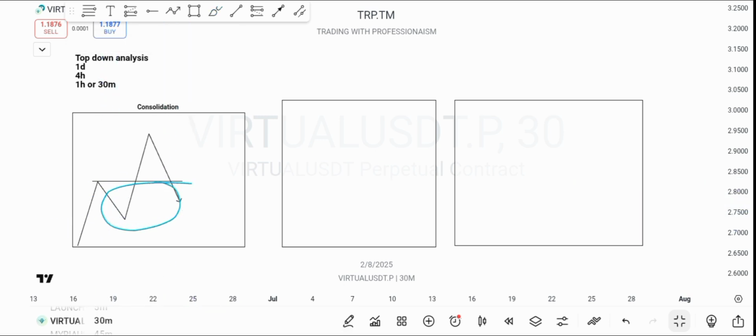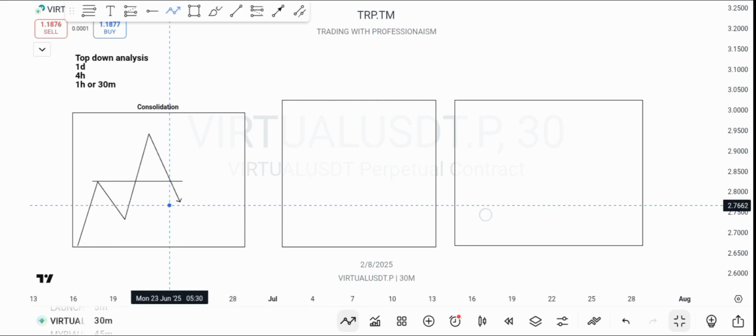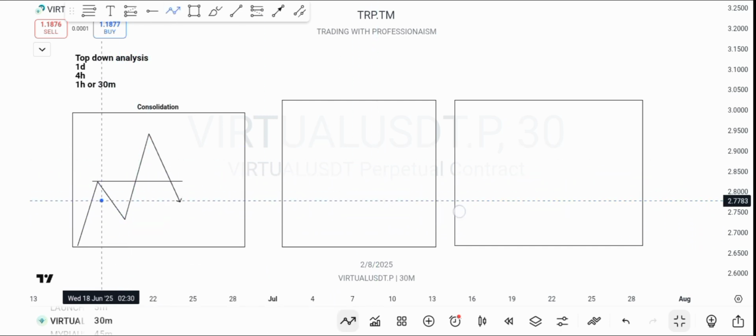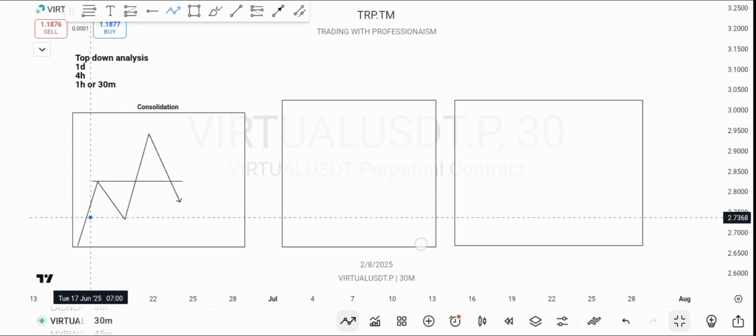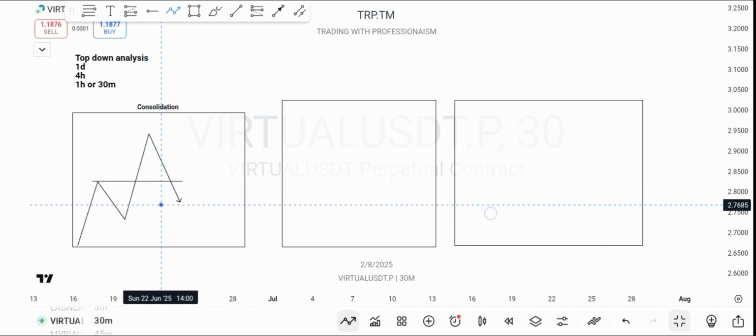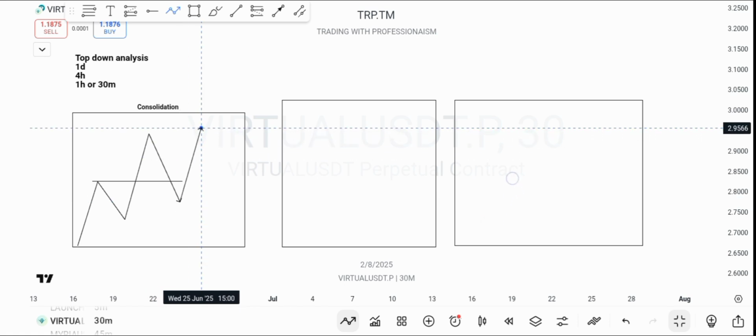Anything below there is a demand the market can react from in an uptrend. The market comes down to maybe an order block, FVG, mitigation block, or any block that the market wants to react to and go up.